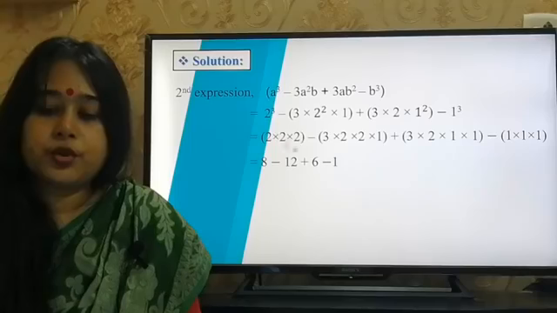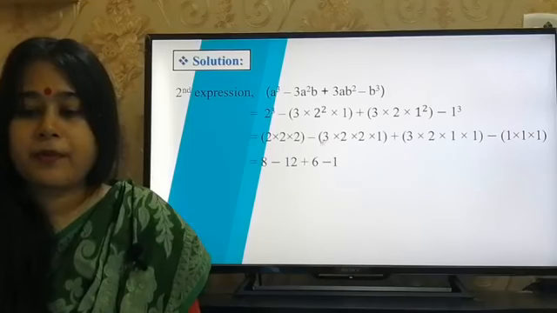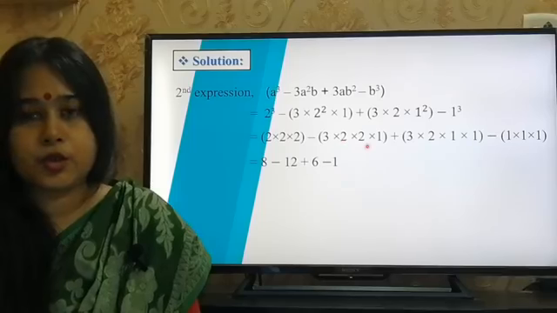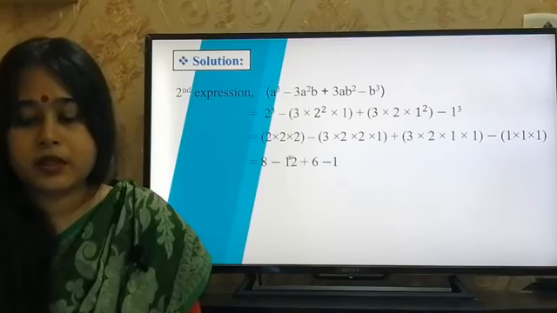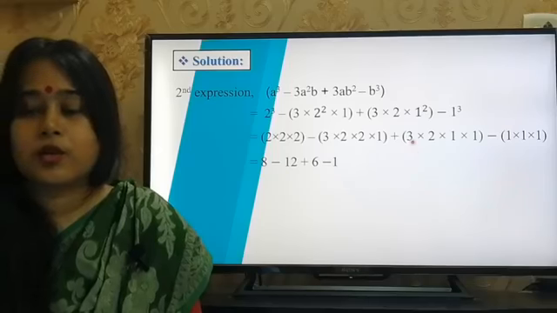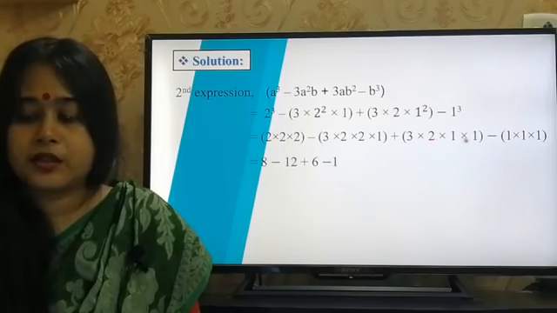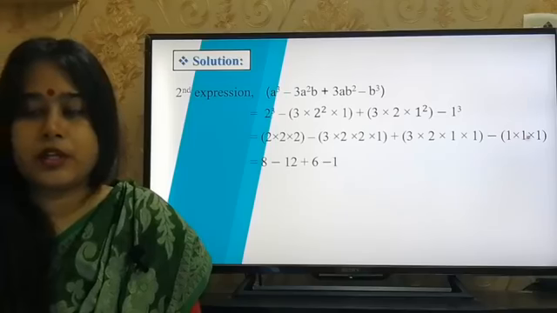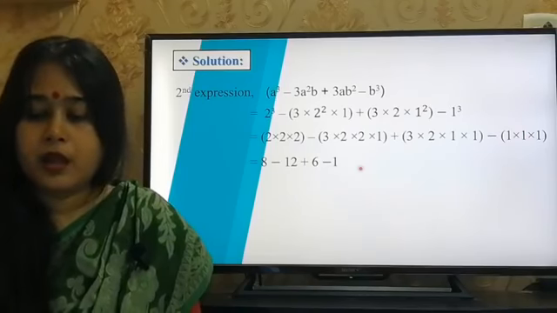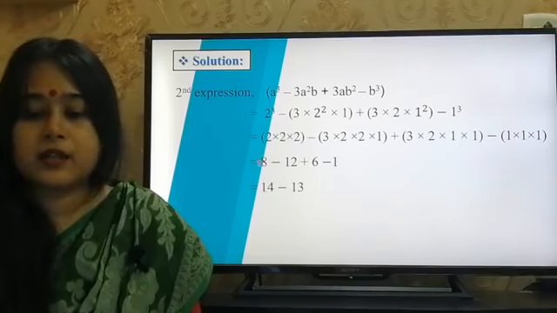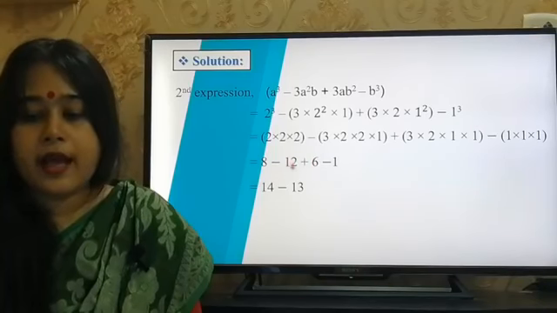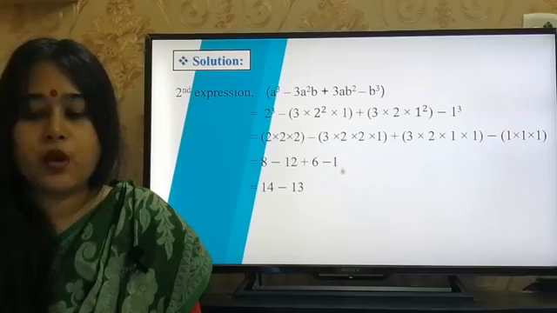Now 2 into 2 into 2 we have 8, minus 3 into 2 we have 6, 6 into 2 we have 12. Here is 12, plus, this is the plus sign over here, 3 into 2 we have 6, 6 into 1 we have 6, minus, here is the minus, and 1 into 1 into 1 we have 1. Now if we add this 8 and this 6 we get 14, and if we add this 12 and 1 we get 13.